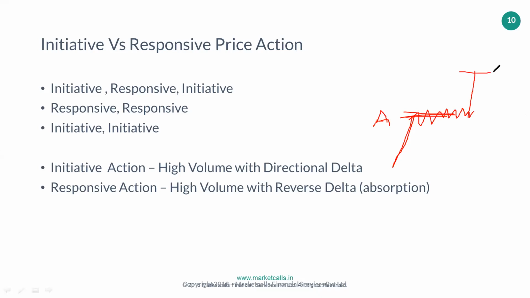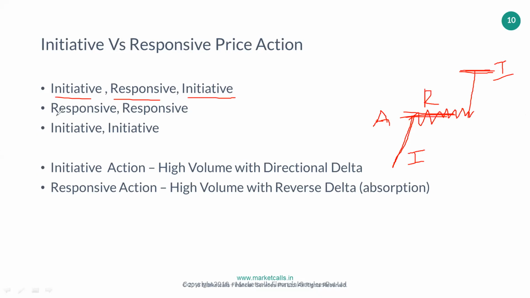Maybe the next level of liquidity might be over here. So in this case, it will be an initiative level, and then again followed by that, we're going to see responsive activity, and followed by that, you're going to get one more initiative activity over here. That's what we call an initiative, responsive, initiative.